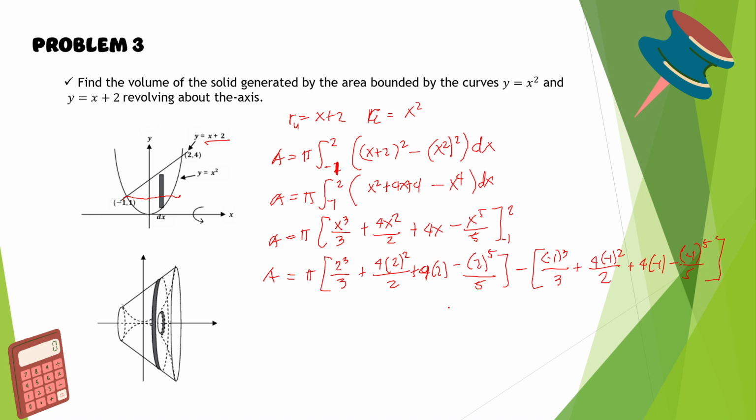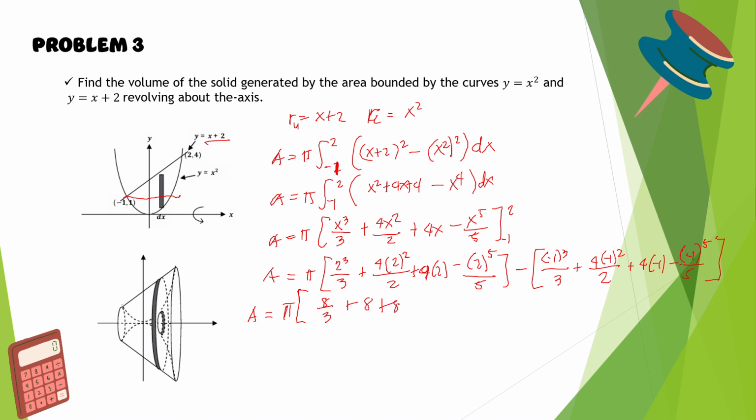We have to simplify. What is 2 cubed? That is 8 over 3. Then 4 times 4, divided by 2, that is equal to 8.